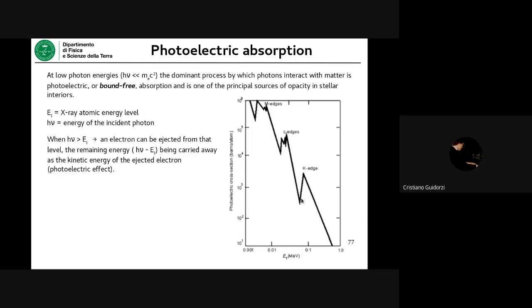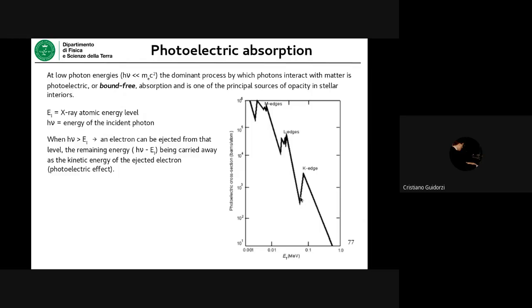But as soon as you consider photons whose energy is greater than the corresponding binding energy of the K shell, all of a sudden the probability of absorbing photons increases. This is called an edge because you have a sudden increase in the photoelectric cross-section.